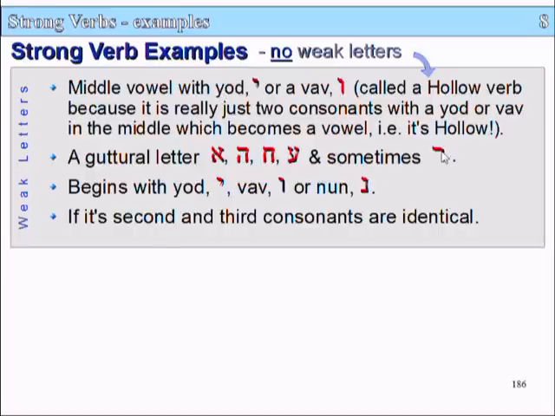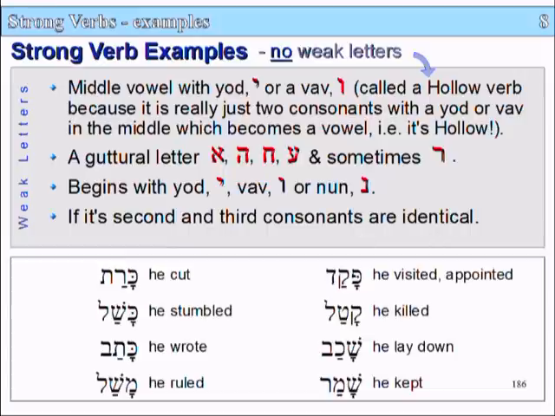They can have a resh in most cases, but sometimes they can't. That's just an exception, just once in a while. They can't begin with a yod or vav or a nun, and they can't have the second and third consonants identical. So let's have a look at some strong verb examples.